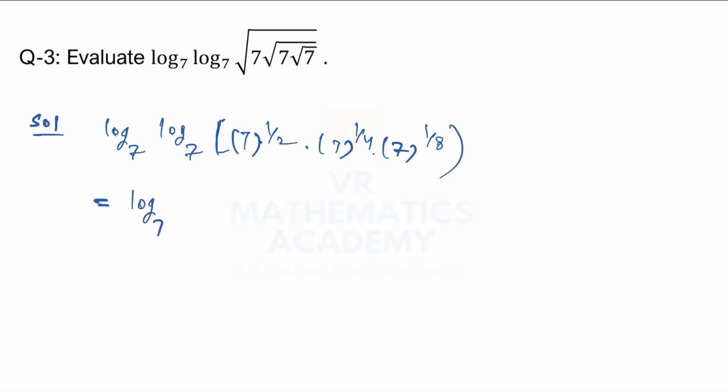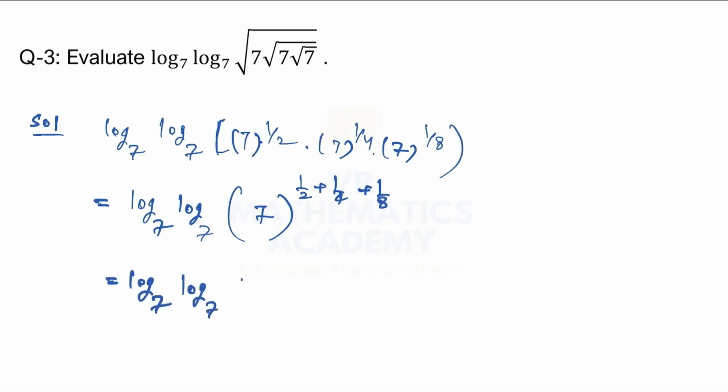So this will be log base 7, and the complete exponent of 7 will be equal to 1 by 2 plus 1 by 4 plus 1 by 8. So finally we will find that this will be log base 7 of 7 raised to the power 7 over 8.